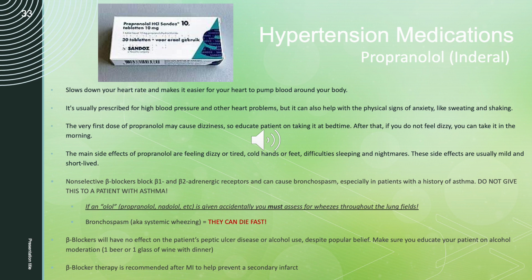So beta blockers will have no effect on the patient's peptic ulcer disease or alcohol use, despite popular belief. Again, this is one of those myths I never quite understood. Make sure that you educate your patient on alcohol moderation, a beer or a glass of wine with dinner, and then you're cool, right? Because anything more than that might cause problems. But again, moderate alcohol use, whatever. Peptic ulcer disease, the two aren't even mutually exclusive.